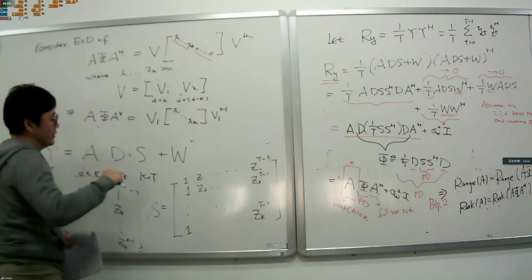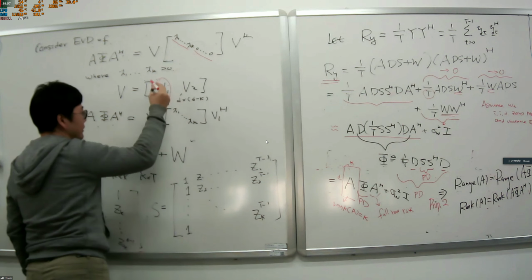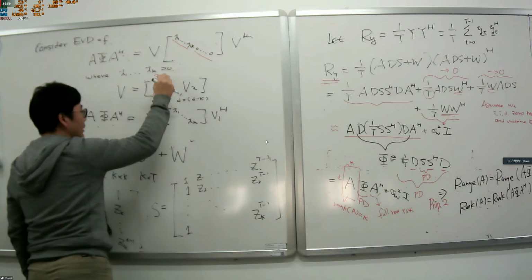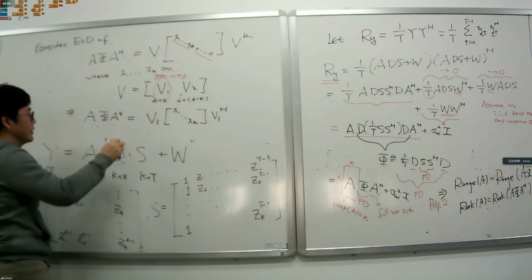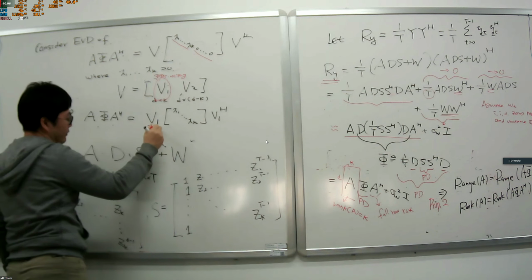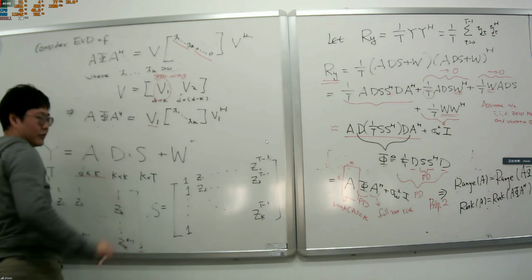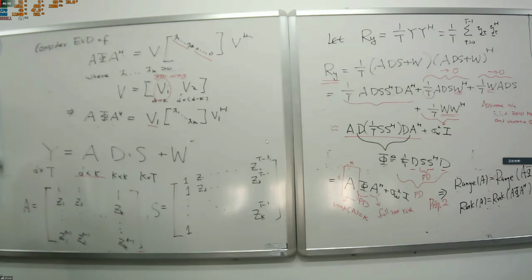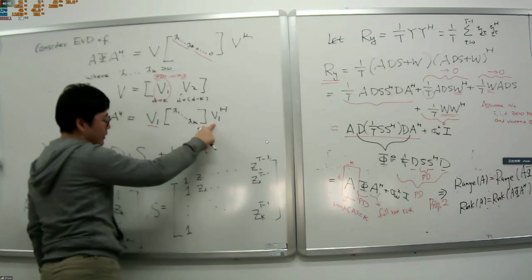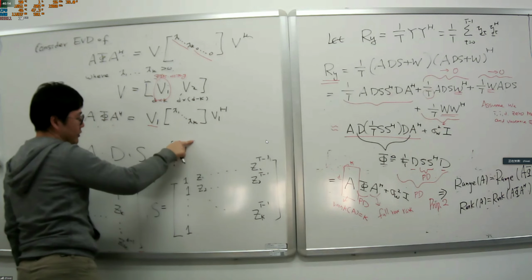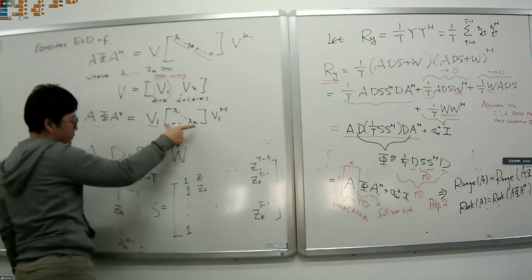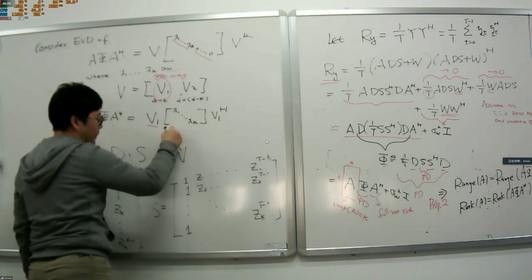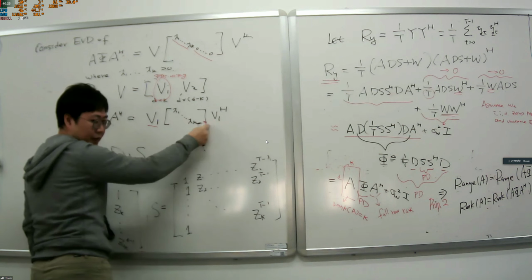Then from here you see V1 is semi-unitary, so this is full column rank. V1 has K orthogonal columns, full column rank. This is full row rank, this is invertible. So this is a full column rank matrix multiplied with a full row rank matrix behind it.